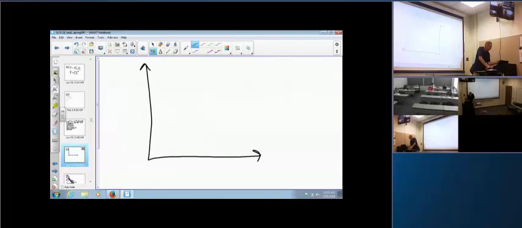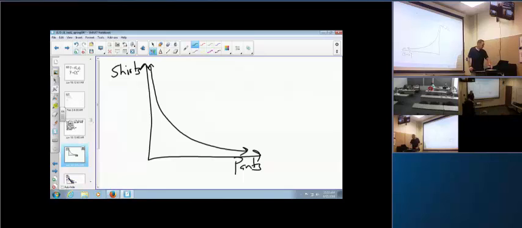The way we illustrate your preferences are with these things called indifference curves. And let's stick with that example of shirts and pants. Your preferences tend to look something like that. That's a really nice, well-behaved set of preferences, and we call that an indifference curve.